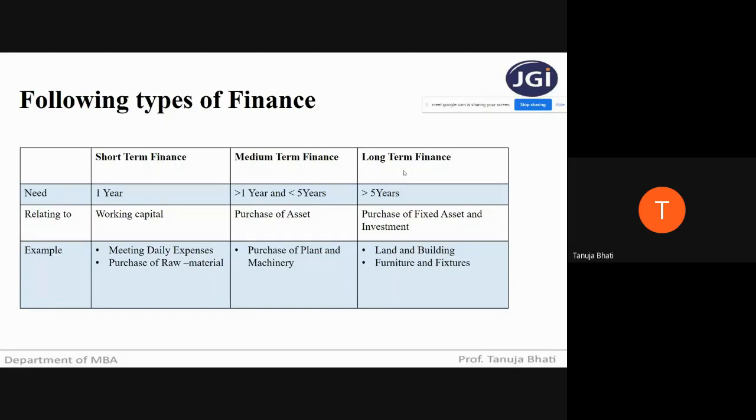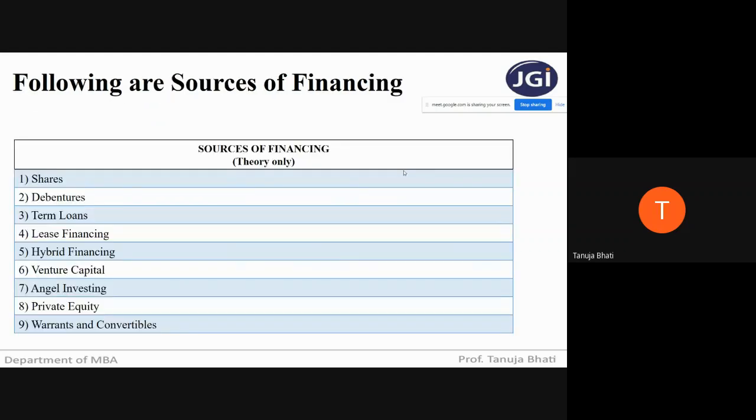Now let us understand the different ways available with the company to raise finance. So following are the sources of finance. These all are the means through which finance can be procured by a company. If any company wants finance, it can get the finance with the help of these particular sources.